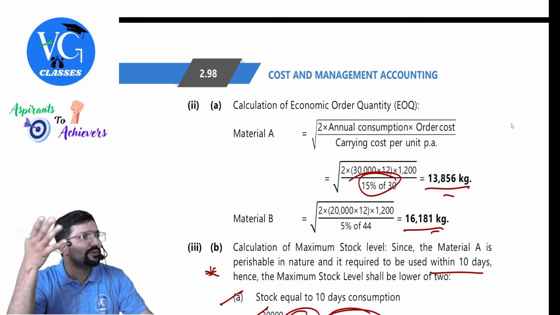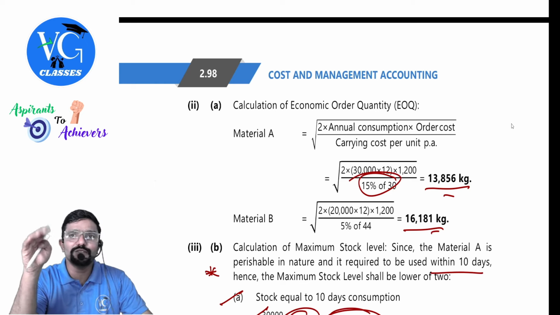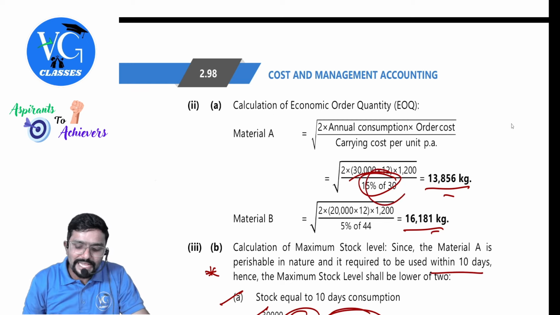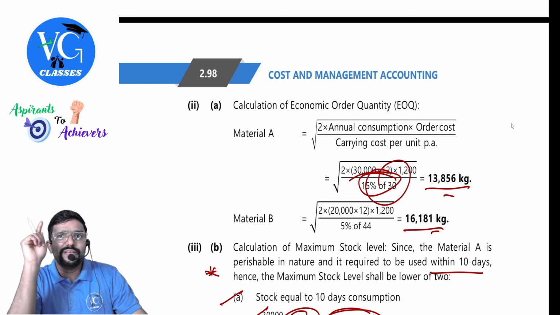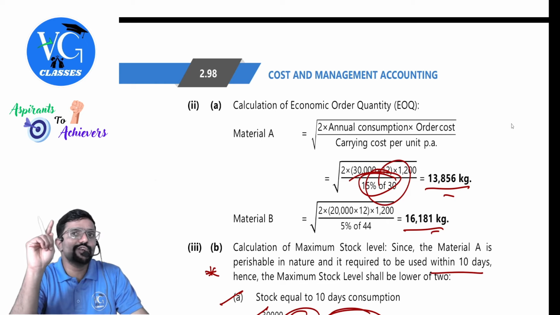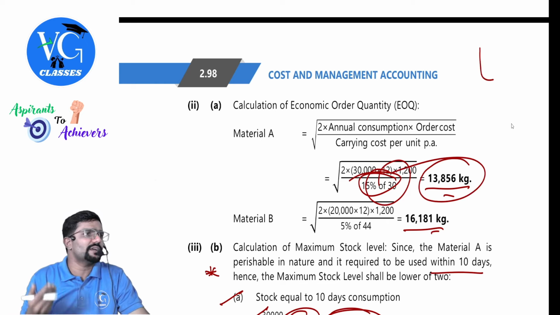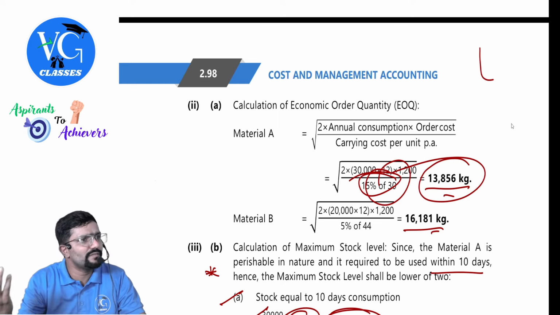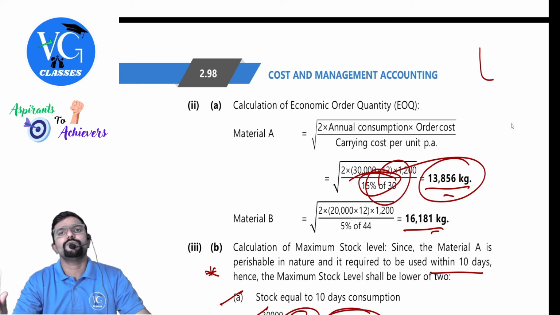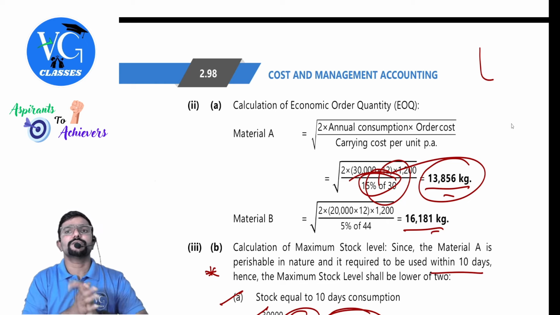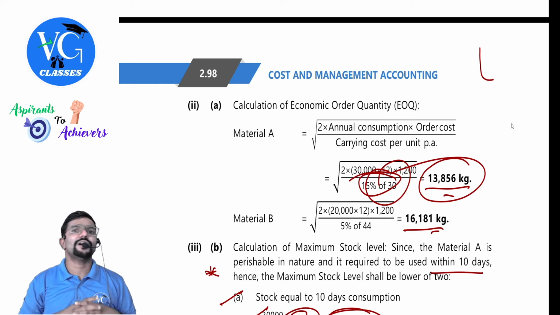EOQ we are calculating now, so we don't know it, and obviously it is understood that at EOQ we are not getting any discount. So you have taken the price as it is. Please be careful, the 10% discount is only if the quantity purchased is 15,000. And you can also see at the end how much we got here. 13,000, less than 15,000. Will we get any discount? No, sir. We will not get any discount. So these are the questions from ICI material on this chapter.